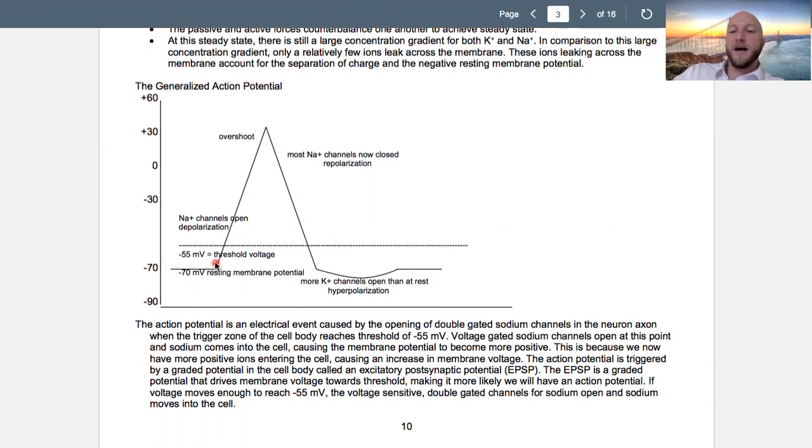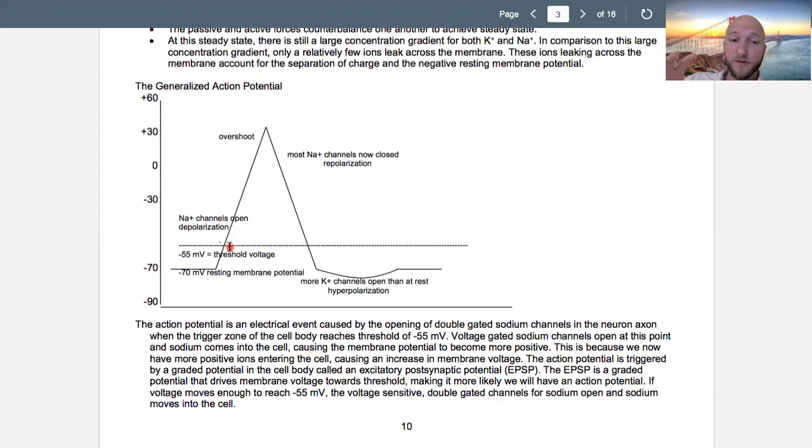If those IPSPs and EPSPs come together to create a situation where the cell depolarizes to -55 at the beginning of the axon, aka the trigger zone, aka the axon hillock, we're going to get an all or nothing event called the action potential. And the action potential happens because of voltage gated sodium ion channels on the axon.